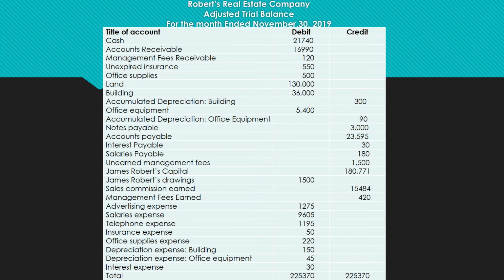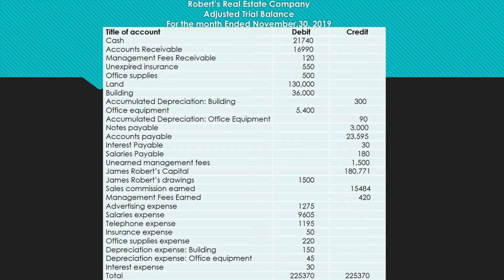Actually this accumulated depreciation shows the total depreciation by the end of November charged on the building. The cost of office equipment remains the same as we showed in the trial balance before adjustments, but depreciation of office equipment was again charged for the month of November, 45.